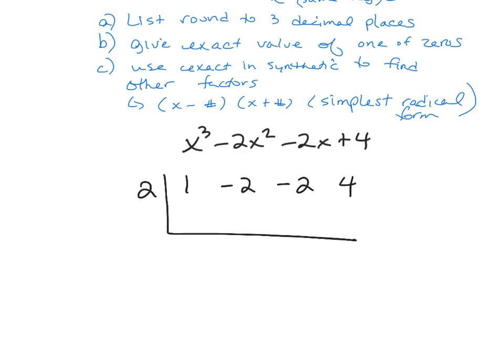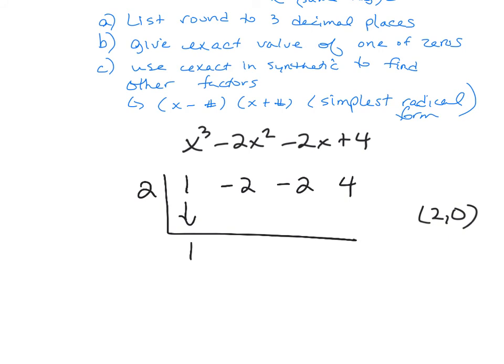So I'm getting one of the answers from the graph, and I'm doing synthetic division with it. And I saw that I had the ordered pair 2, 0. I'm now going to do synthetic division and turn this into a quadratic equation that I can either use the quadratic formula, factor, complete the square, or use the square root method on.